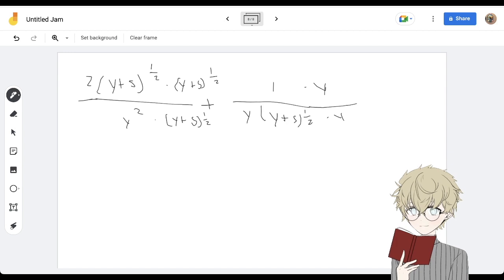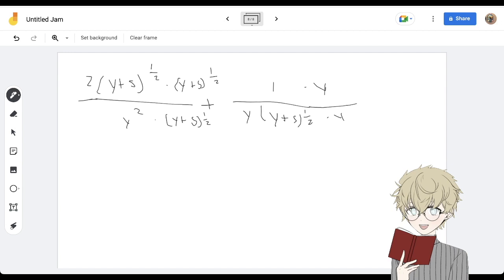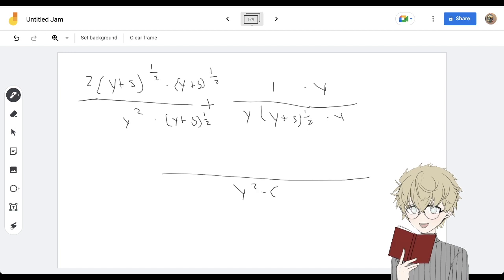The weighing scale is not balanced. So if you simplify both bases, you're gonna realize that it's just gonna become y squared times y plus 5 to the power of 1/2. So because they're both the same, we're gonna put all of these under that, okay? Because that was the reason why we did it, right? That was the reasoning behind that.